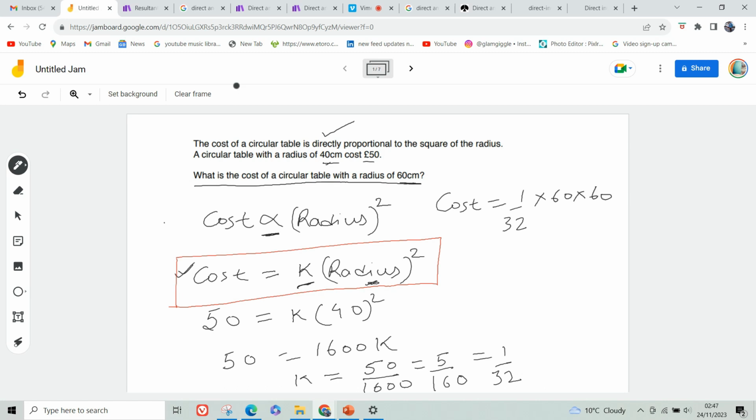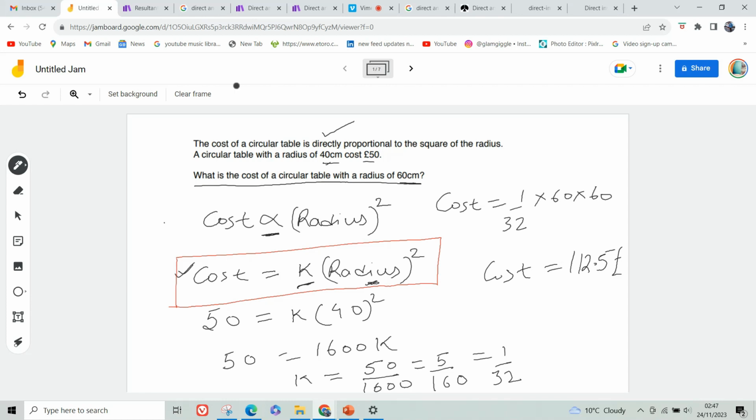You simply need to solve this equation and see how much you are getting. So the cost you will get is 112.5 pounds. If you need to solve it, 60 times 60 is 3600 divided by 32. It's a fraction multiplication.